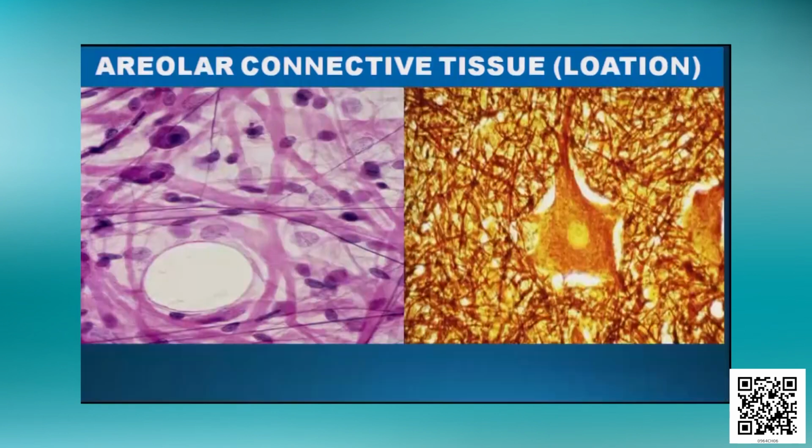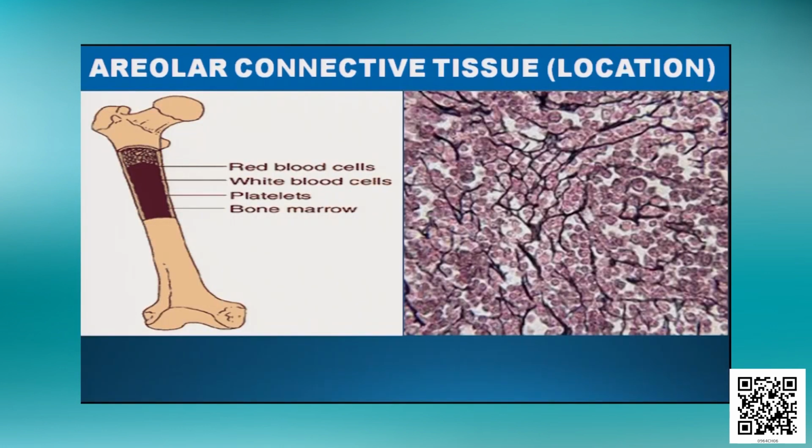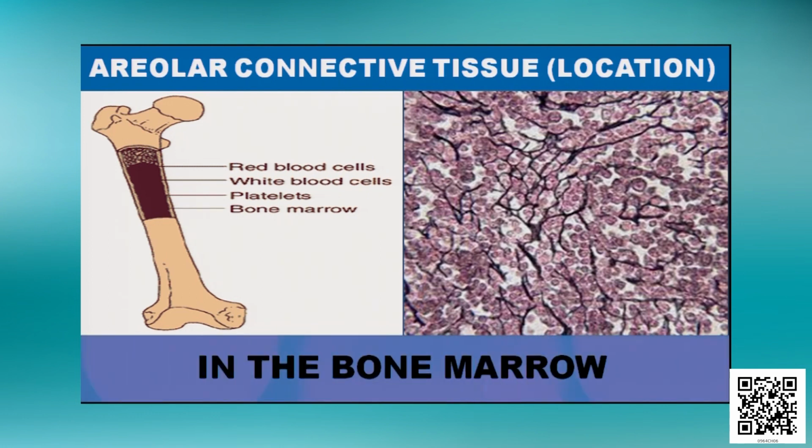Second, also located around the blood vessels like artery, vein and capillaries and the nerves. Not only that, also found inside the bone marrow. Areolar connective tissue is found in these organs.